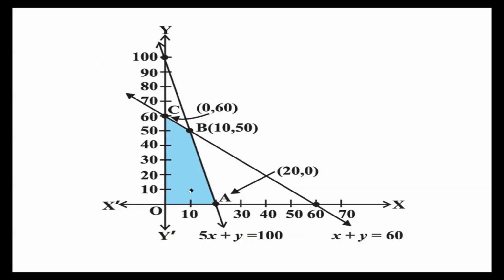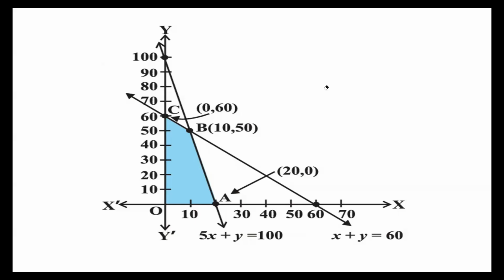Good. And after you have done that, you identify the vertices. So they give you the vertices. Well, we're not going to use 0, 0. That wouldn't do us any good. This point is 20, 0. We have a point 10, 50. And we have a point 0, 60.